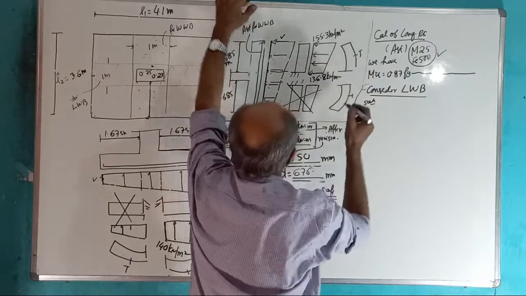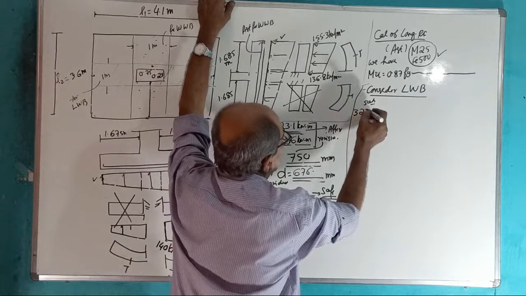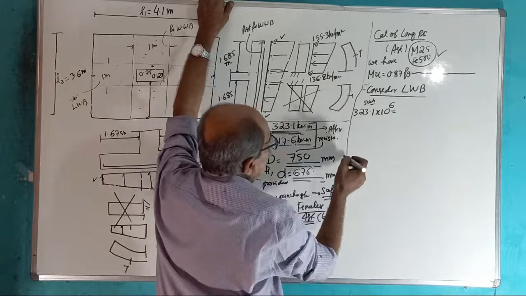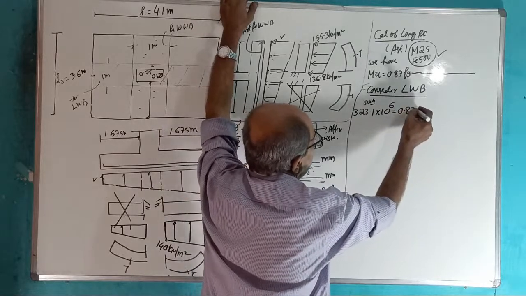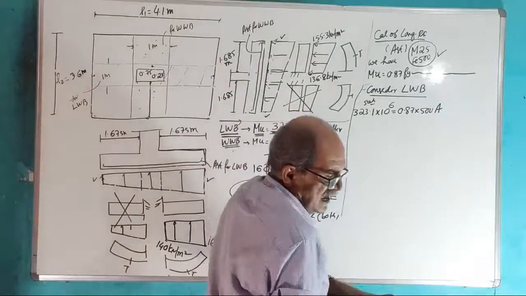Substituting MU. Where is MU? MU is here. 323.1 into 10 to the power 6 Newton millimeter equals 0.87 into Fy into AST. AST is unknown.